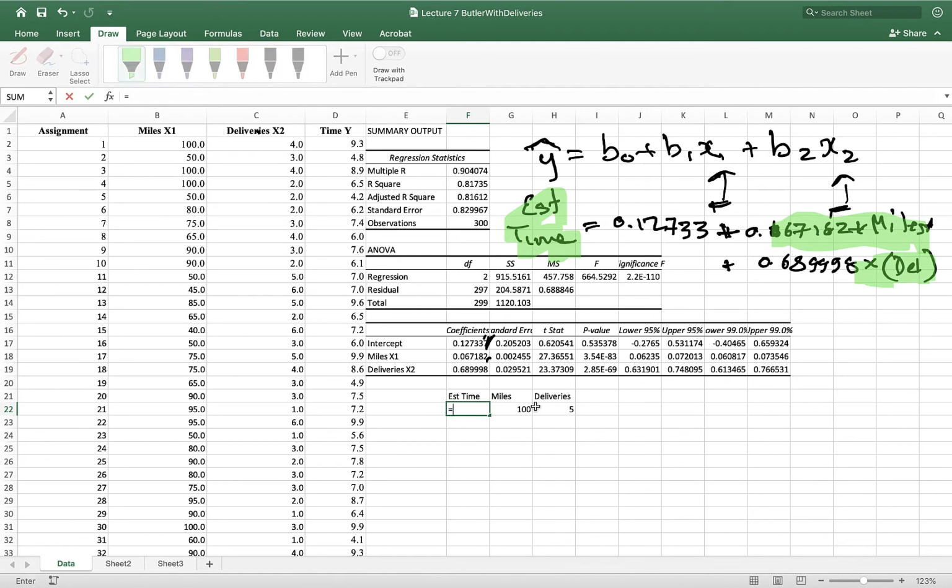So I'm going to say it's going to be the intercept, press F4, plus the slope multiplied by, let's see, it's not going to move up for us. I'm going to have to amend the formula.